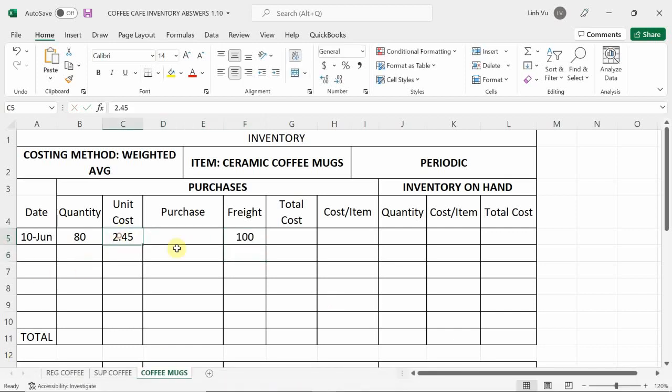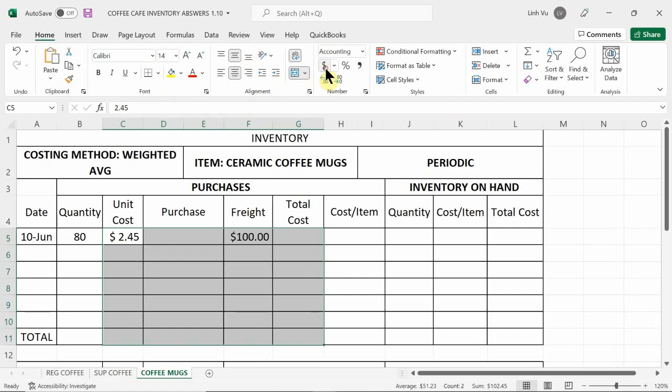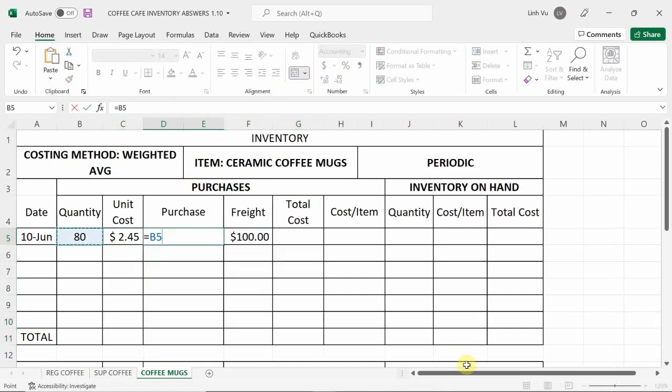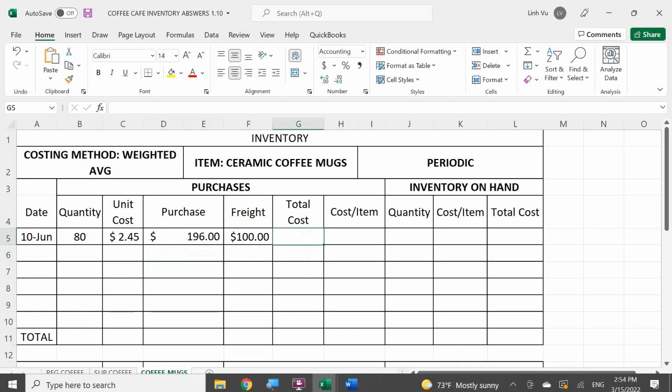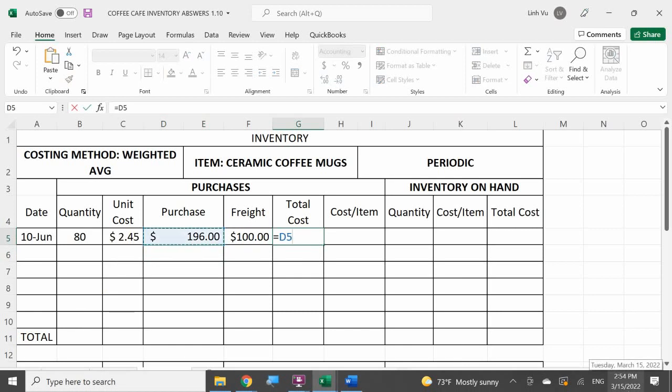Okay? So, what is my total purchase price here? $196, plus 100 gives me a total cost of $296.